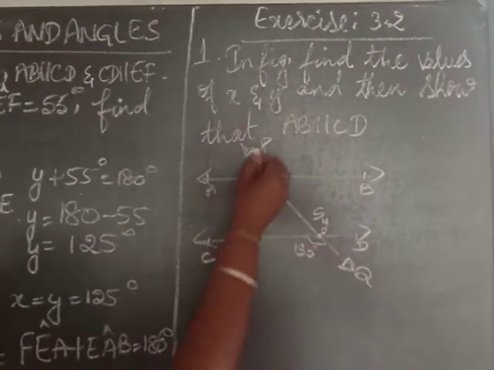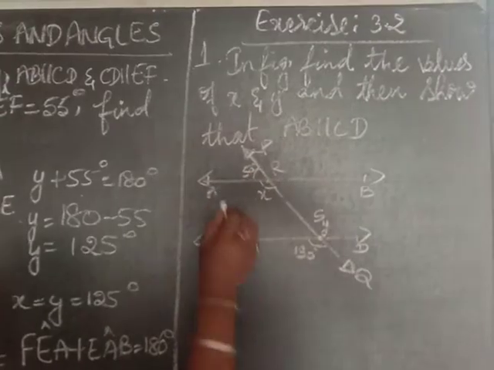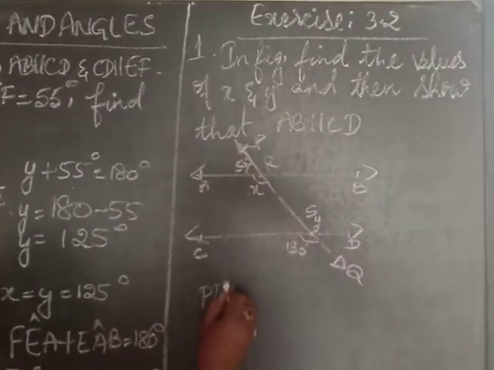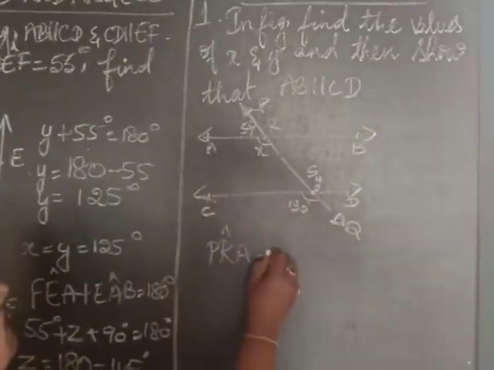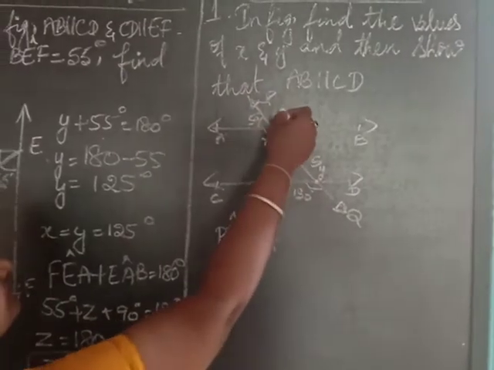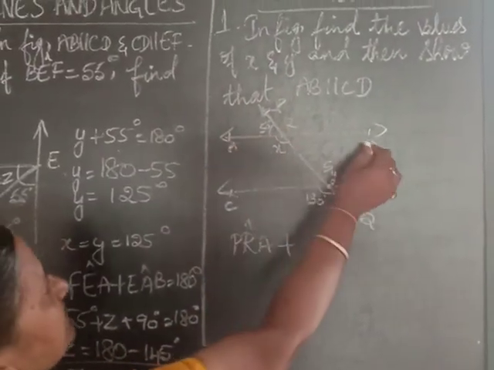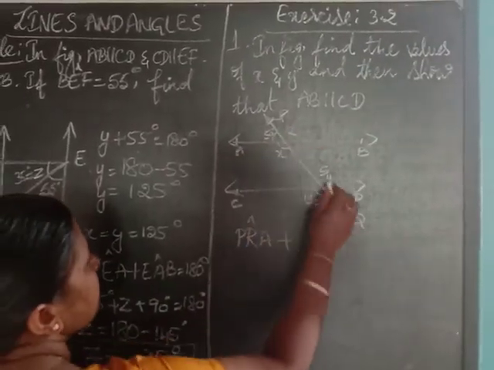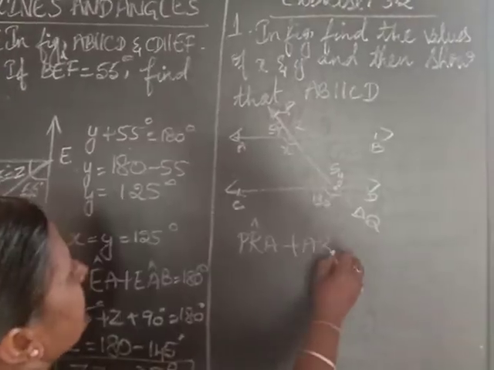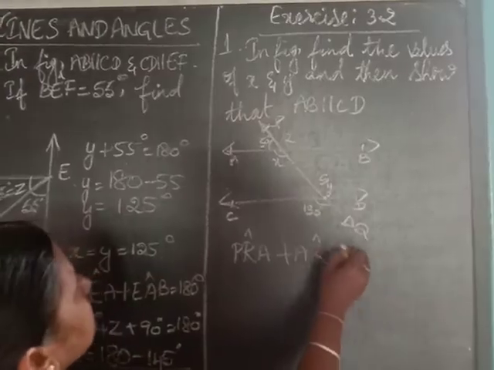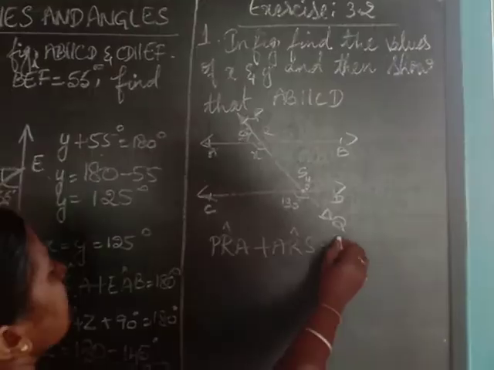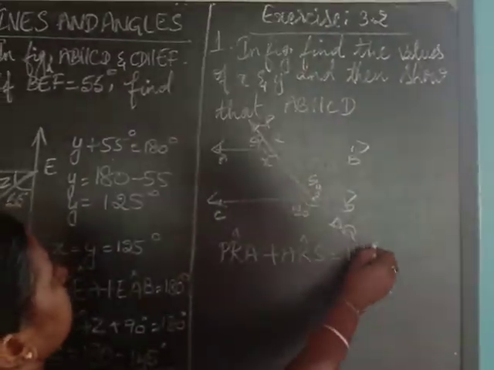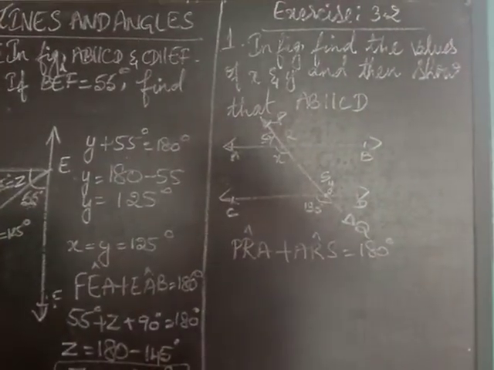So according to that, you can write angle PRA plus angle ARS, the sum of these two, is equal to 180 degrees.